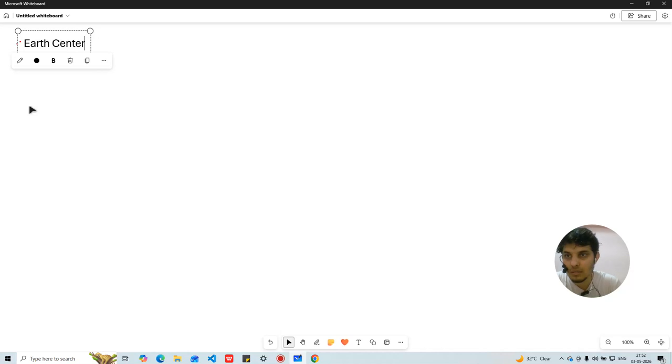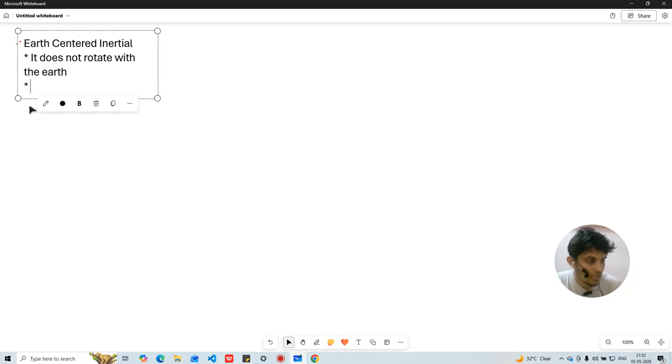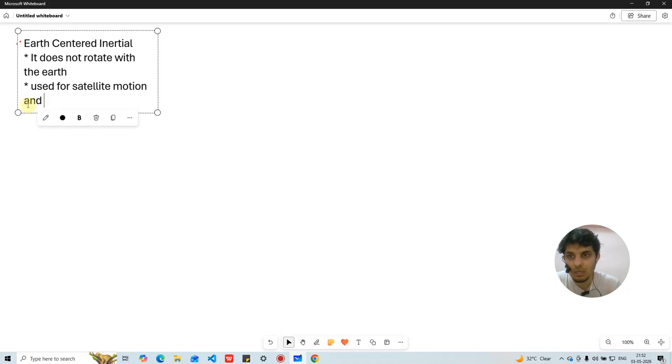Earth centered, it does not rotate with the Earth, and it's used for satellite motion and orbital mechanics.